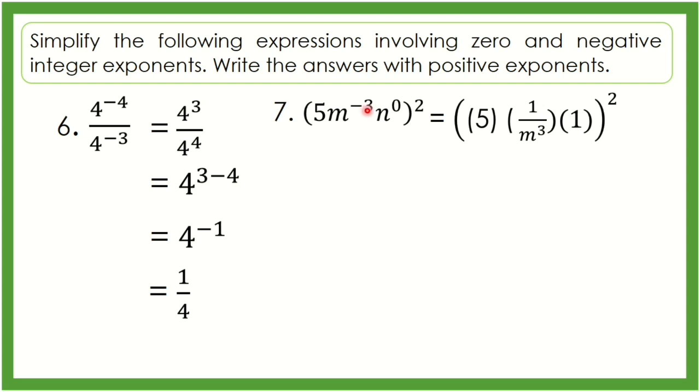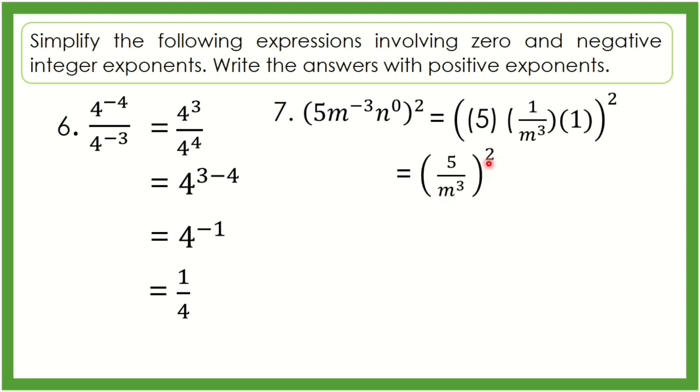Then, magiging positive exponent na siya, cube. Ang n raised to 0, so 0 exponent, that is equal to 1. And then, squared. Let's multiply 5, 1, and 1. So, that is equal to 5 over m cube.